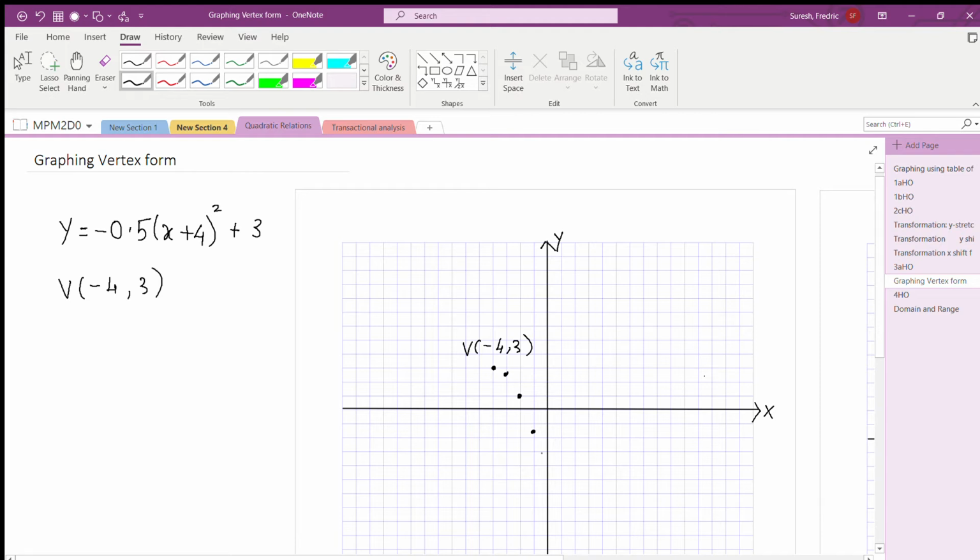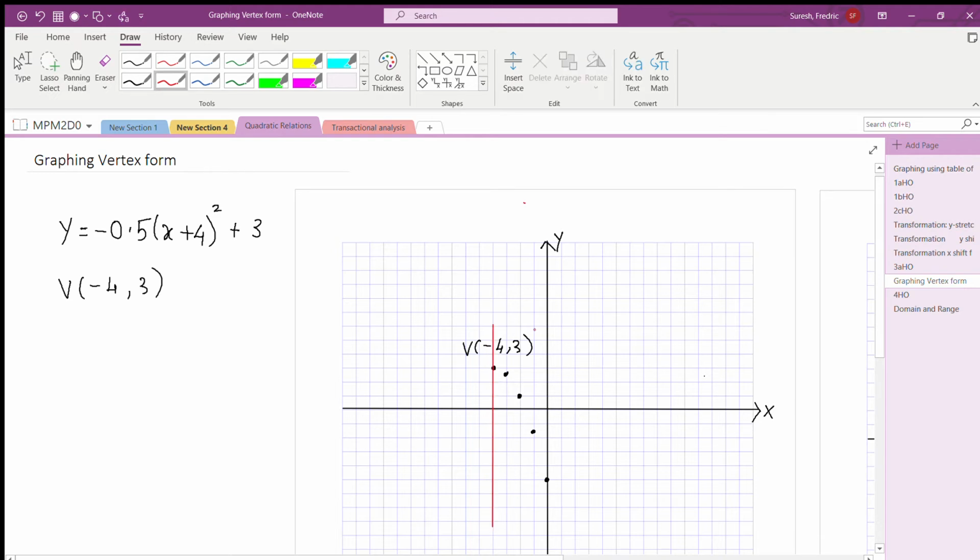Normally it'll be (4, 16). Instead it'll be (4, 8). So if we go 4 to the right, 1, 2, 3, 4, you'll have to go 8 down. So we go 1, 2, 3, 4, 5, 6, 7, 8. Okay, so we have one branch of the parabola, and at this point we can draw an axis of symmetry that goes right through.